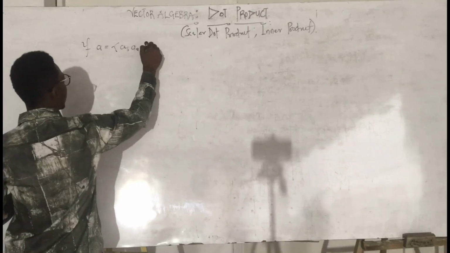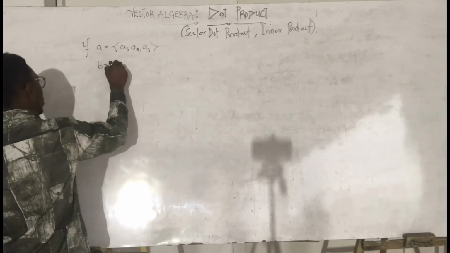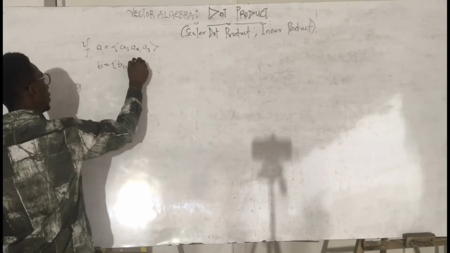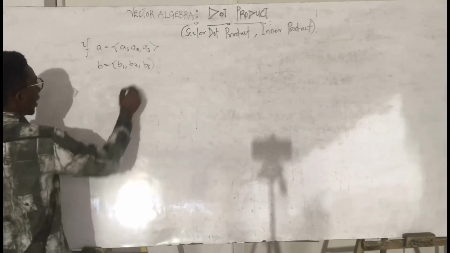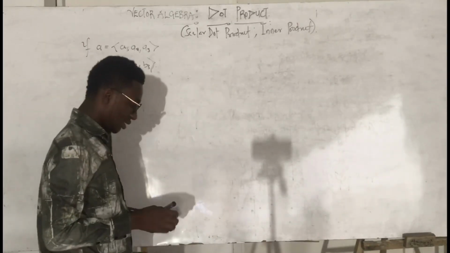Now with the dot product of vectors, let's consider a vector A in a three coordinate system, and a vector B, with components B1, B2, and B3. They are all in 3-space.